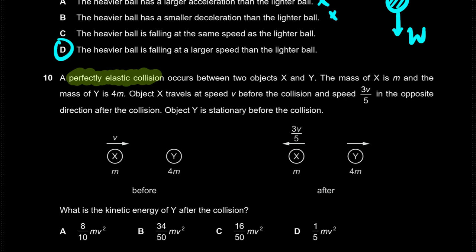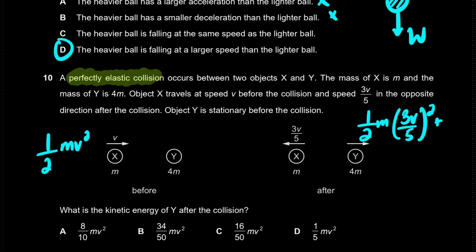So we can say that the initial kinetic energy is just half mv squared, and then the kinetic energy after the collision is half m (3v/5) squared, and this kinetic energy of Y is what I want to find, right? So this then becomes (3/5) squared, so this becomes 9/25, so 9mv squared over 50 plus what I want to find.